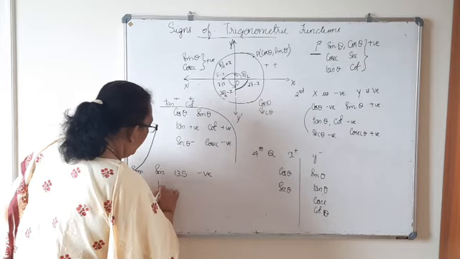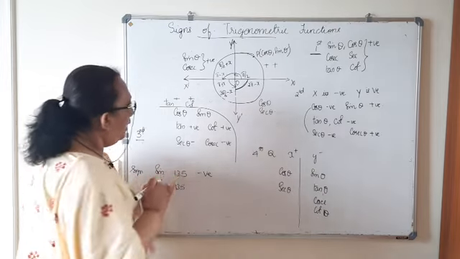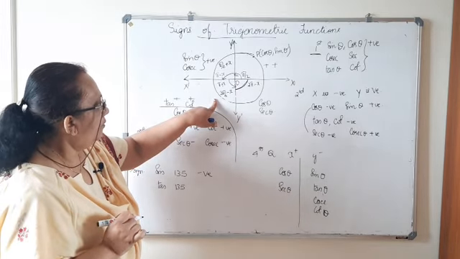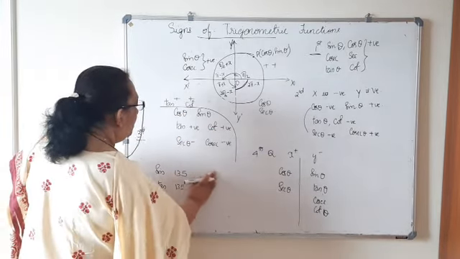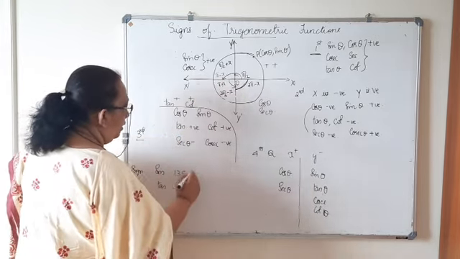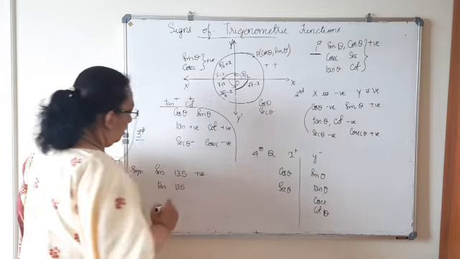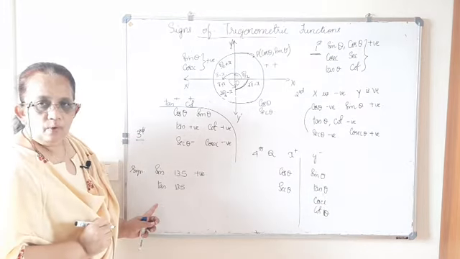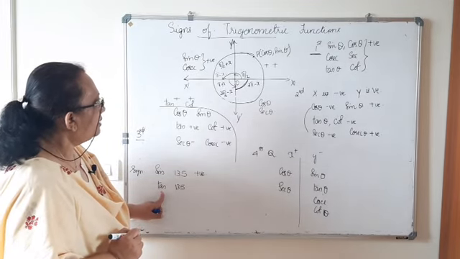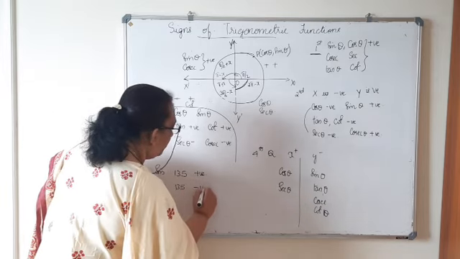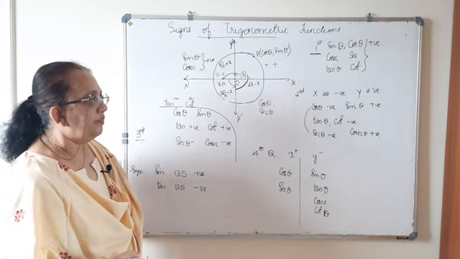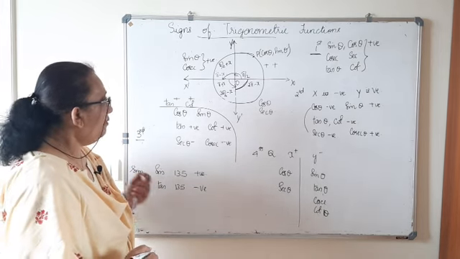Sorry, I made a mistake. Sine 135 comes in the second quadrant. So this is positive. So suppose I ask you, what is the sign of tan 135? Tan 135 comes in the second quadrant and the sign is negative. So these type of questions can come for one word type questions.